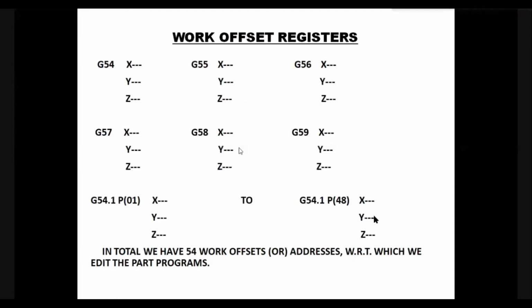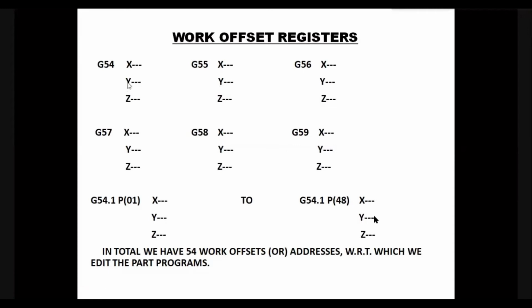So we have to measure the distances in the x-axis, y-axis, and z-axis between x0 of the machine and x0 of the workpiece. Similarly, y0 of the machine and y0 of the workpiece, and z0 and z0, and these are entered into the work offset registers. Here, you can enter in whichever number you prefer. If it is G54, it can also be G55, G56, G57, G58, or G59.